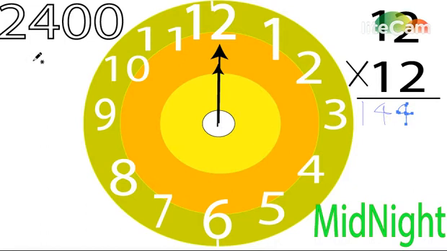A lot of times I used to wonder what the difference was between these different times. One of them was for the afternoon and night, and one of them was for the early morning.